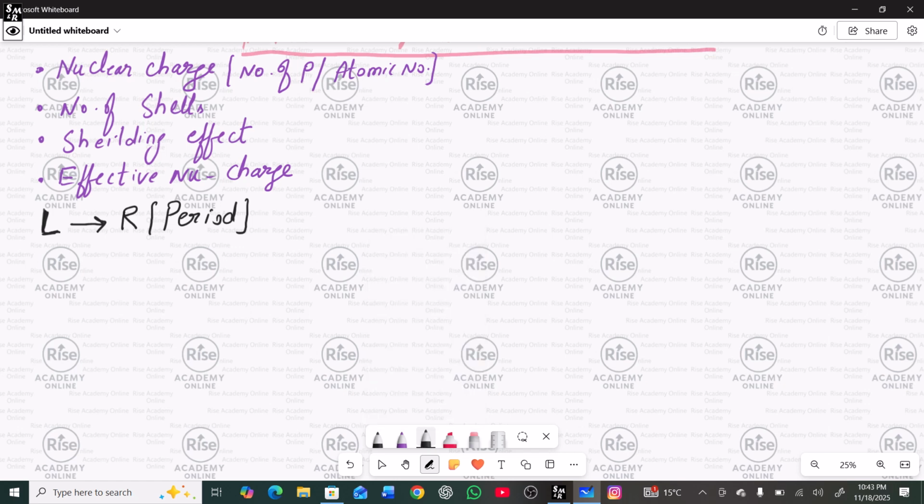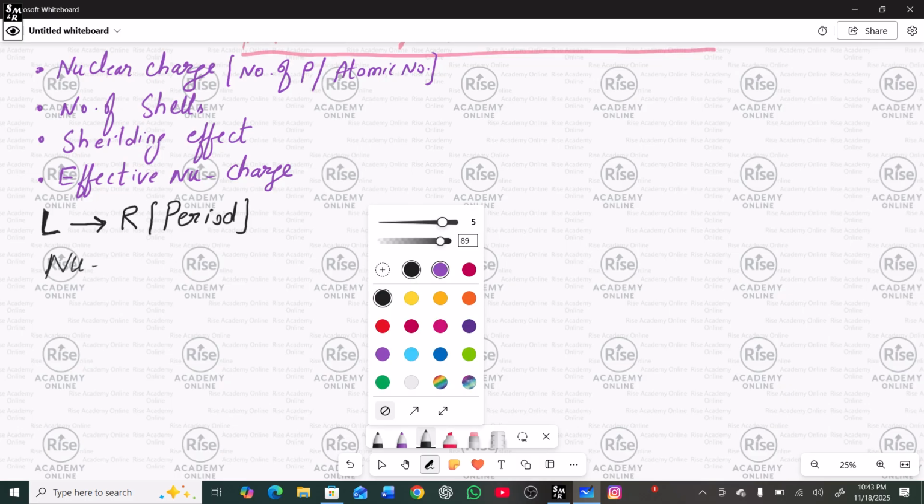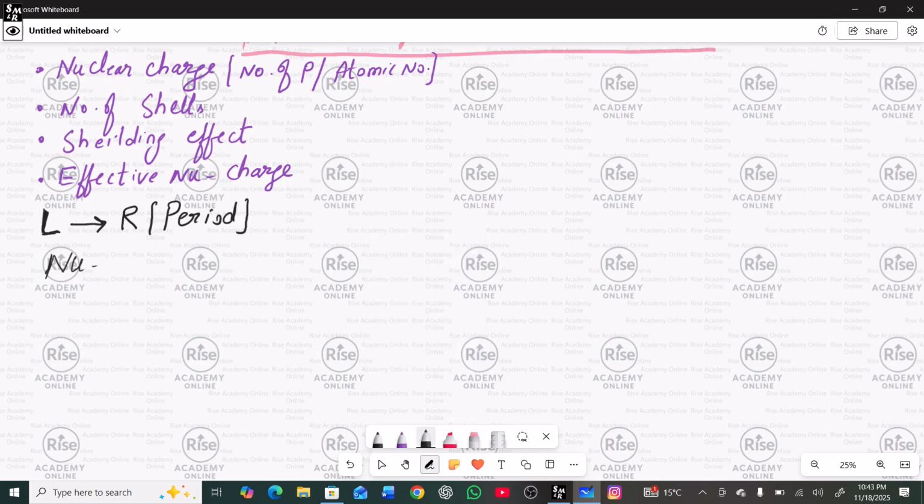First of all, nuclear charge increases. As you know, in moving from left to right in the periodic table, atomic number increases, so nuclear charge increases.